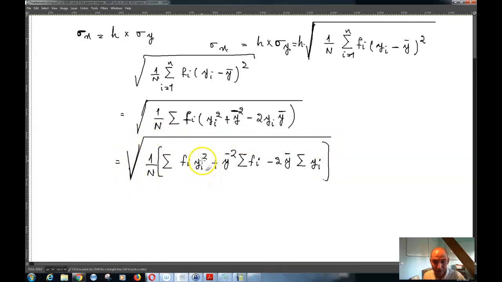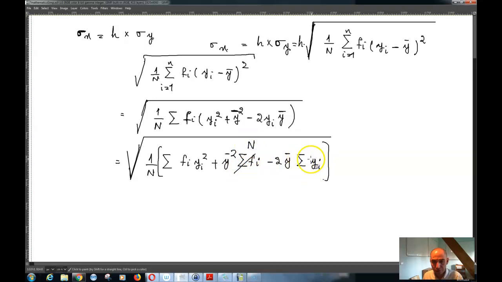Now, sigma of f of i y of i squared, you cannot do anything there. Sigma of f of i as i goes from 1 to n is equal to n, so instead of this I can simply write n.